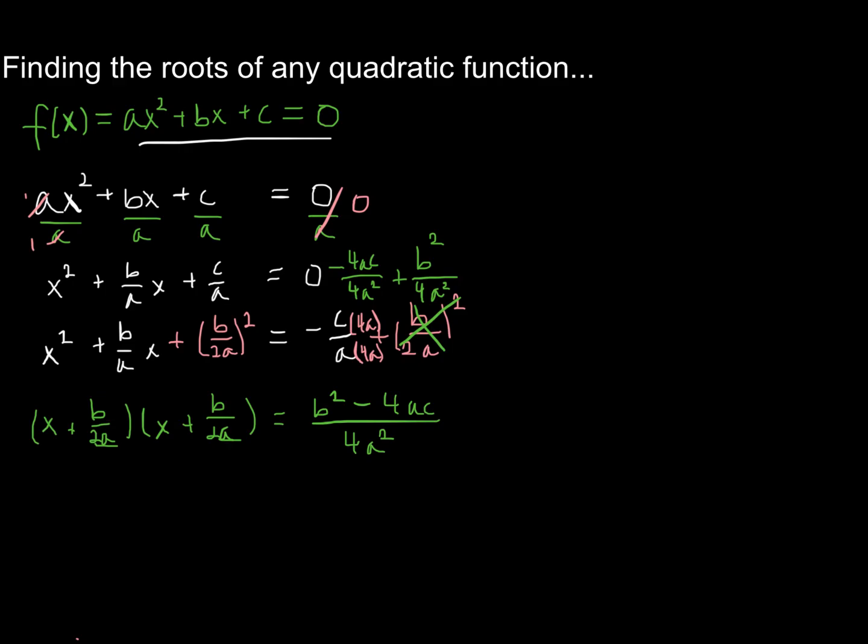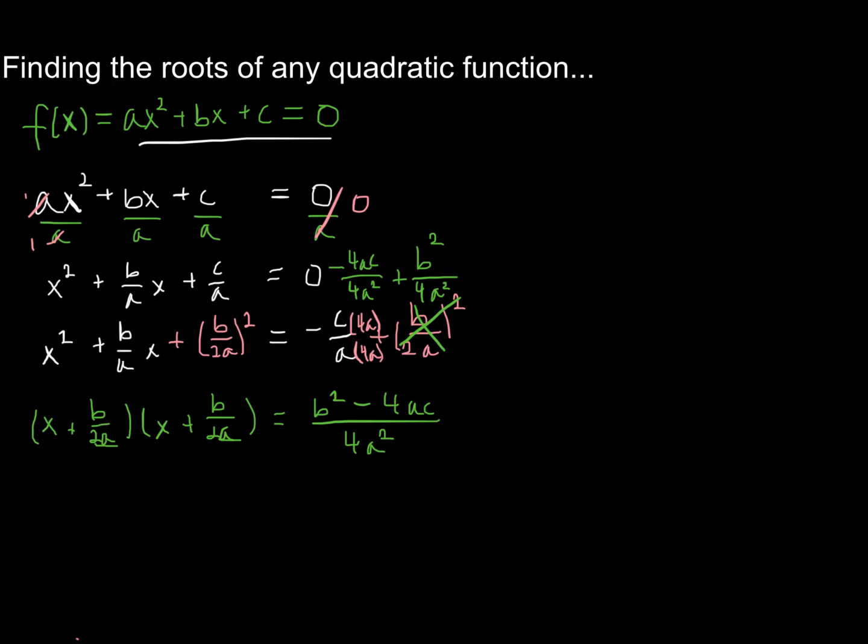Okay, so the next thing for us to notice is look at the left side here. Not only have we sort of gotten rid of this quadratic situation that was causing us problems, but we created something that was really helpful, and that is that we have something times itself. When we have something times itself, it's that something squared.